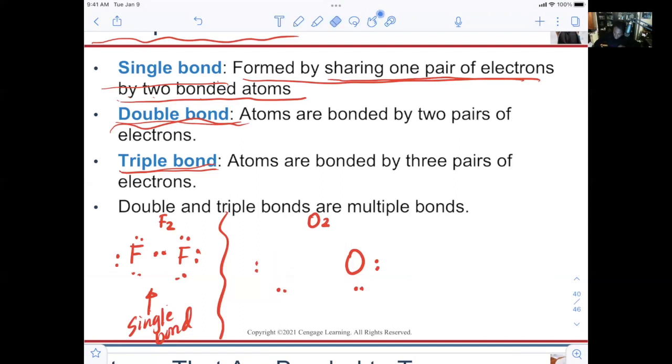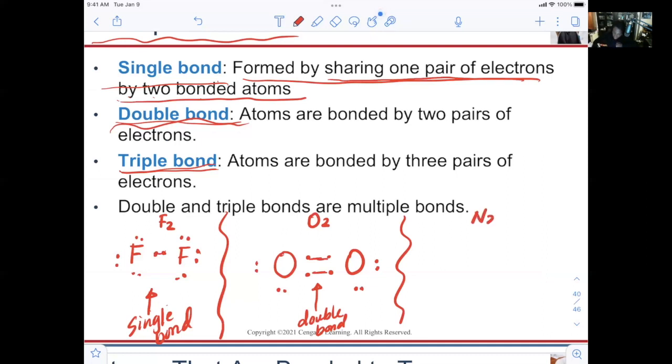Oops, I didn't mean to erase the whole oxygen, but y'all see this right here pairs with this right here. So these are paired together like that, and so these become the double bonds as they are shared.